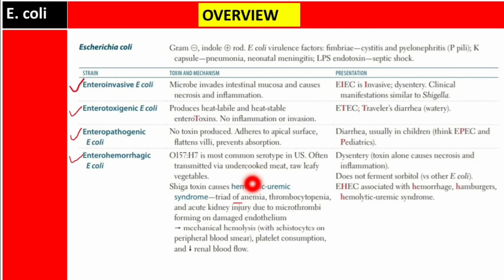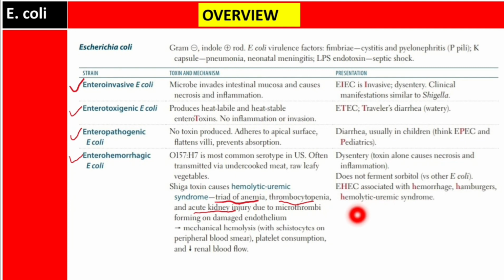It produces Shiga toxin. The Shiga toxin causes hemolytic uremic syndrome, or HUS, which is a triad of anemia, thrombocytopenia, and acute kidney injury due to microthrombi formation on the damaged endothelium.